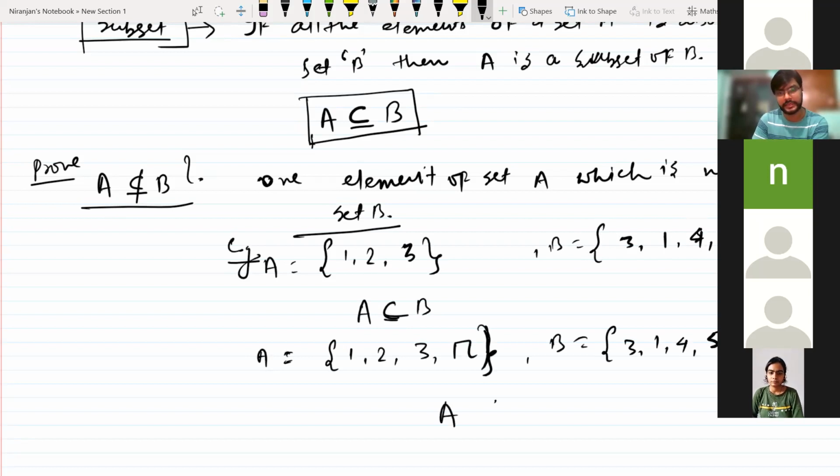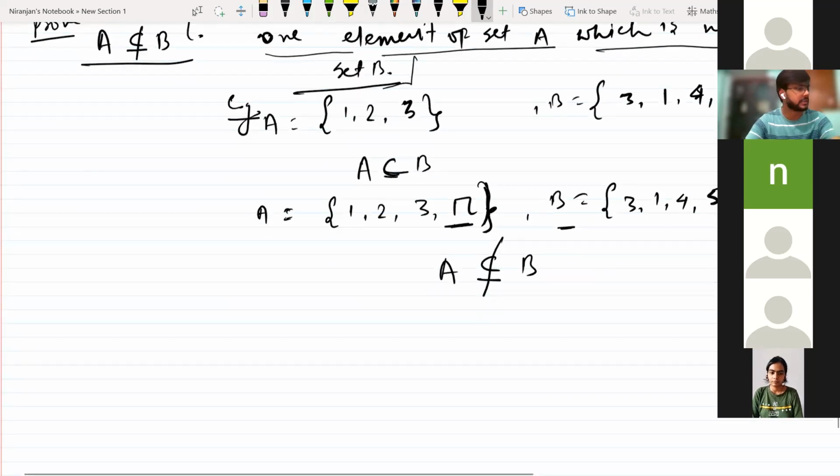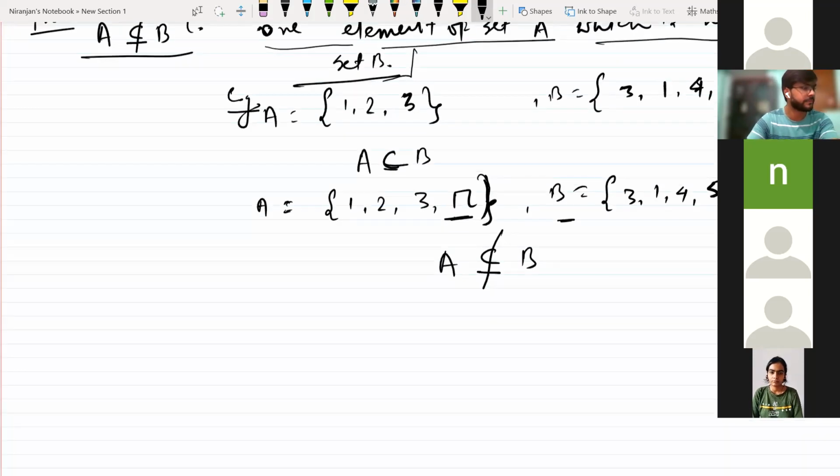Now, can you say A is a subset of B? No. Why? Because you have one element in set A which is not in set B. Right, that's what I said here. You need to show that one element of set A is not in set B. That way you can show that A is not a subset of B. So always remember this. This is really important.